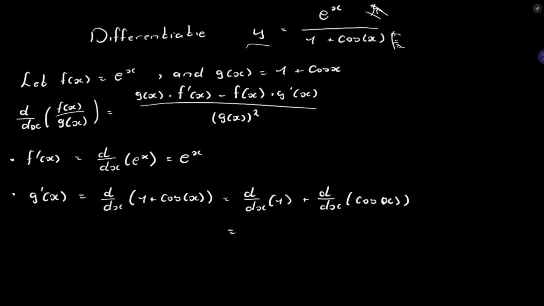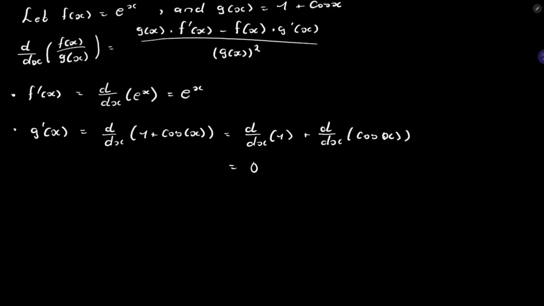Because the derivative of any constant gives us 0. So this leaves us with 0 plus, from our video on the derivative of trigonometric functions, it was well proved that the derivative of cos x is negative sine x. So this boils down to negative sine x.